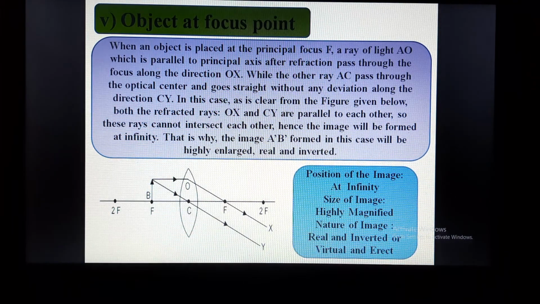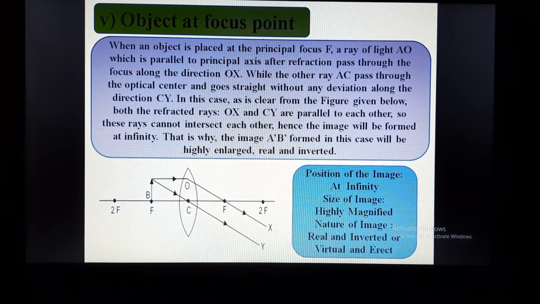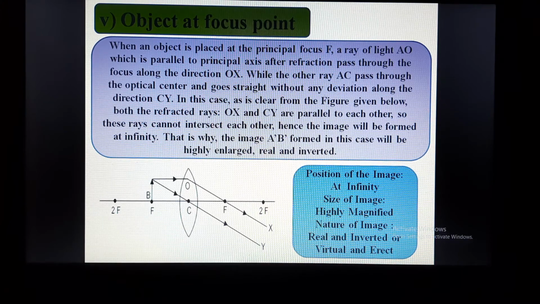So the result is: position of the image at infinity, size of image highly magnified, and nature of image real and inverted, and also can be virtual and erect.